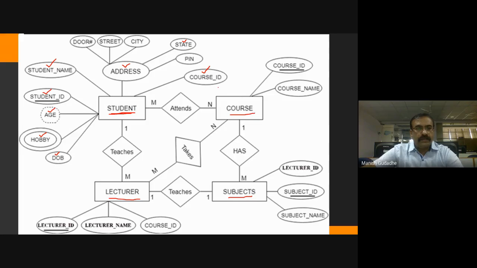What difference are you observing in the attributes presented for a student? A student has several attributes, represented in elliptical blocks. But are they different? What difference can you find in all of them?